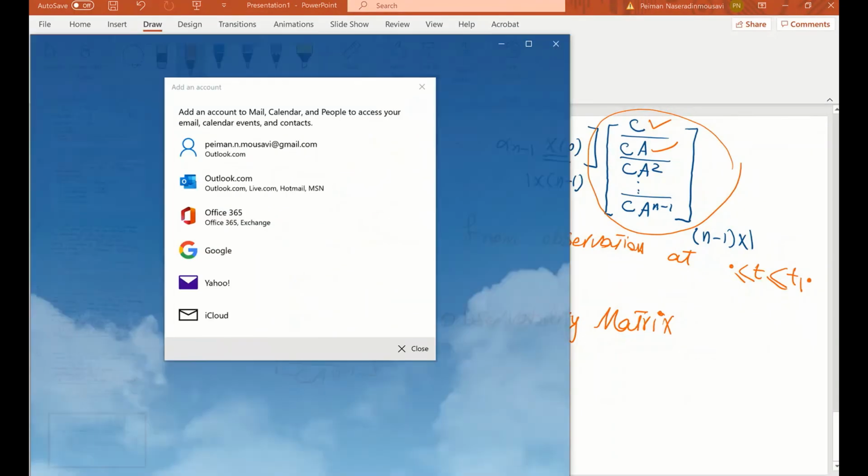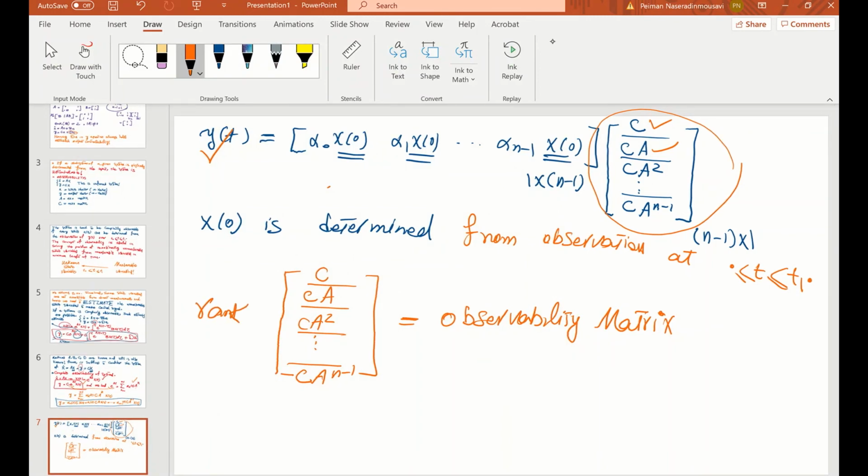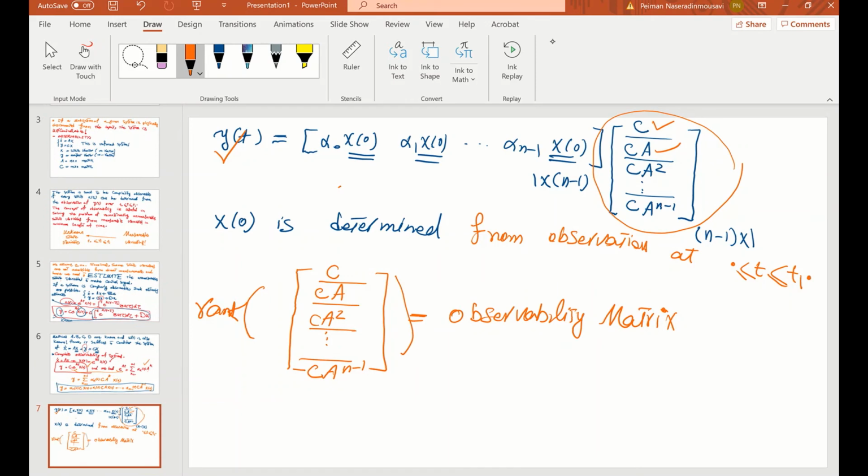If the rank of this matrix is equal to n, your system is completely state observable. Understand? So this is that. Okay, so on the other hand, because you're going to find these state variables, you have to have the inverse of this. That's right. You have to have the inverse of this.